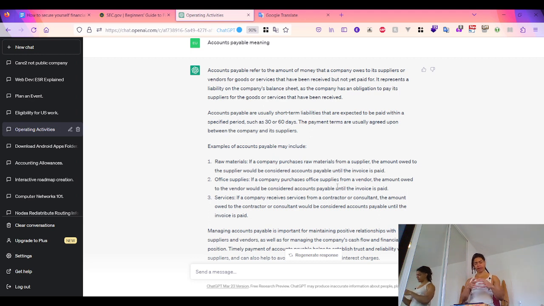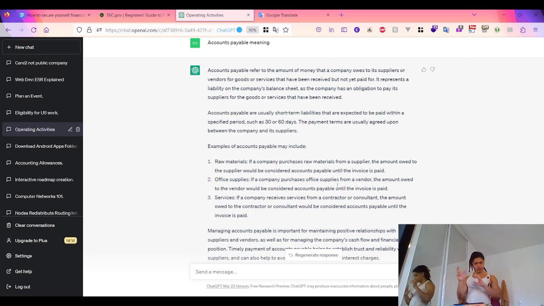and it can be raw materials. So a company may purchase raw materials from a supplier, and the amount owed to them represents an accounts payable until the invoice is paid. So office supplies, again, if a company purchases office supplies from a vendor, right?